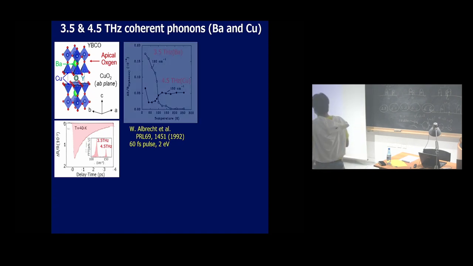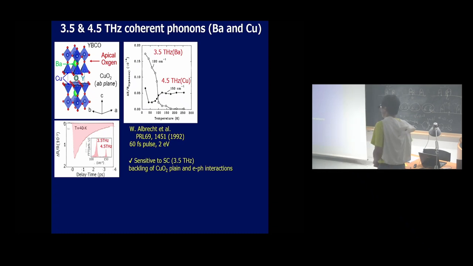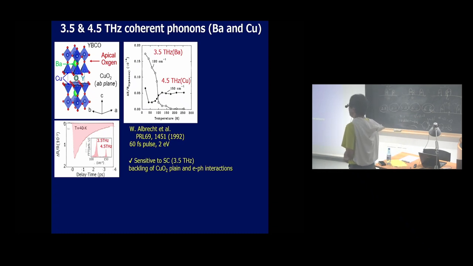Although the superconducting electronic properties are on the CuO2 plane, the observation with light polarization parallel to the ab plane comes from the buckling structure of the CuO2 plane and the electron-phonon coupling.